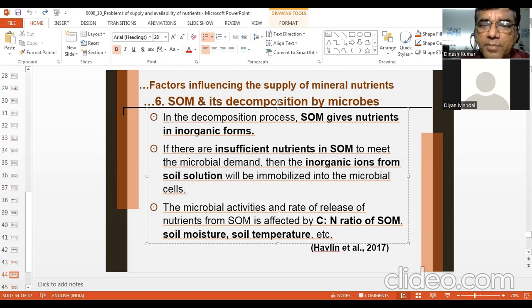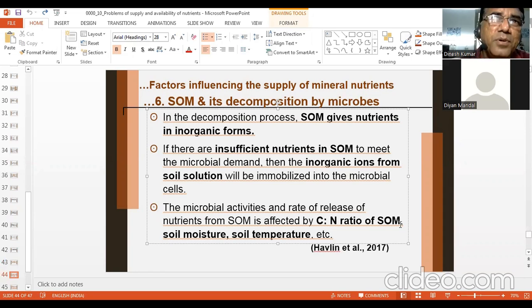The microbial activities and rate of release of nutrients from soil organic matter are affected by the CN ratio of the soil organic matter. Normally, with a narrower CN ratio, less than 24 or so, you will get mineralization. And if it is 24 or 30 or more than 30, then you will get immobilization.